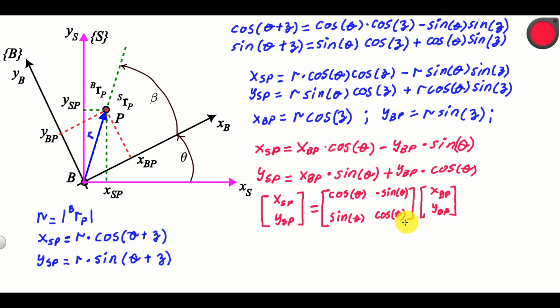And that's it. This is exactly what we are looking for. We are able to transfer the coordinates of the vector RP expressed in B to the coordinates of the vector RP expressed in S. And this matrix over here is our rotation matrix, R of theta. That is, this is the rotation matrix. And let's write it down.